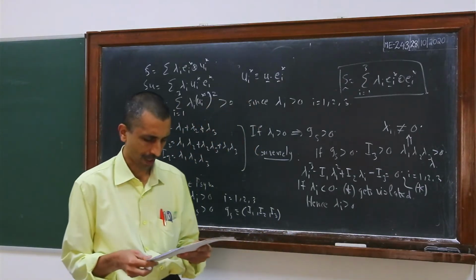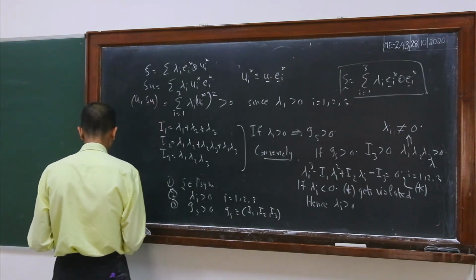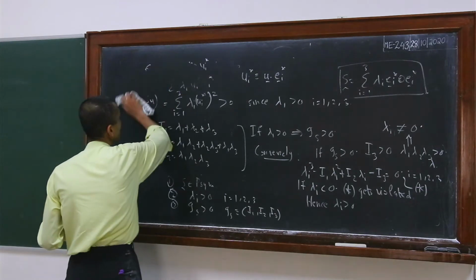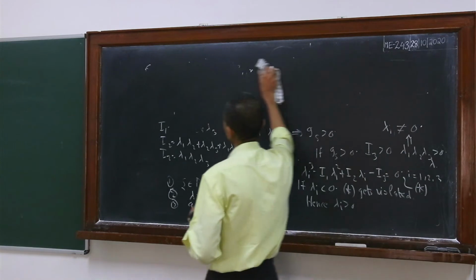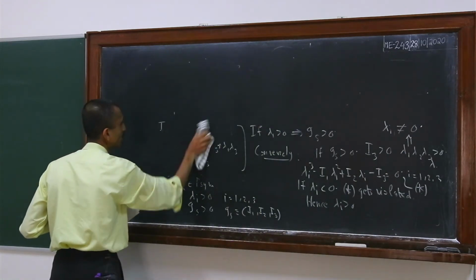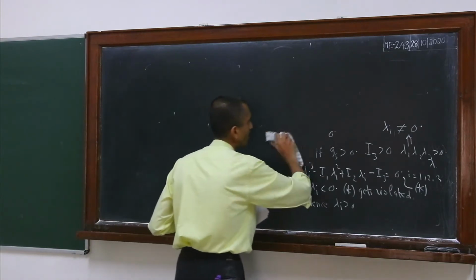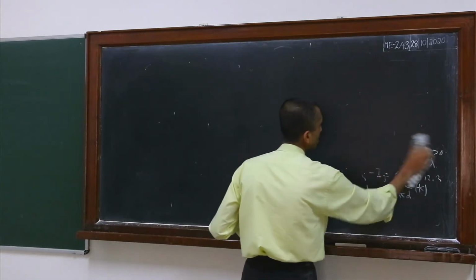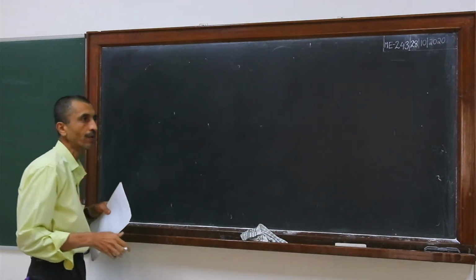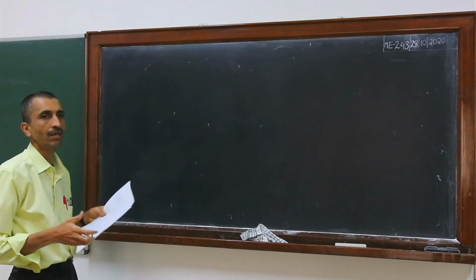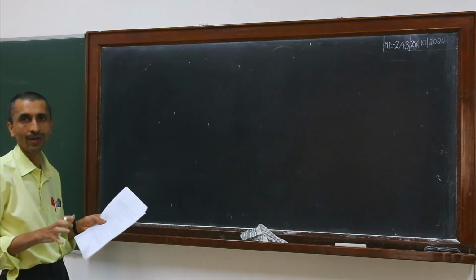Now let us look at the square root of a positive definite symmetric tensor. Whenever we talk about positive numbers, we can define square roots of a positive number. For example, square root of 9 is 3, square root of 16 is 4. So whenever we are talking of positive numbers, we can define a square root, without getting into complex valued numbers and so on.